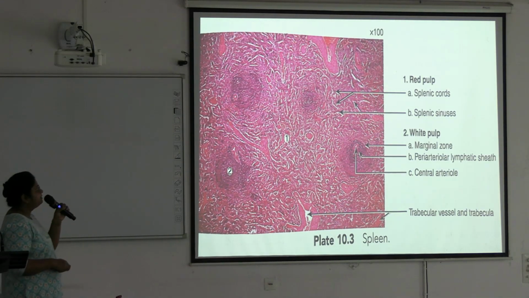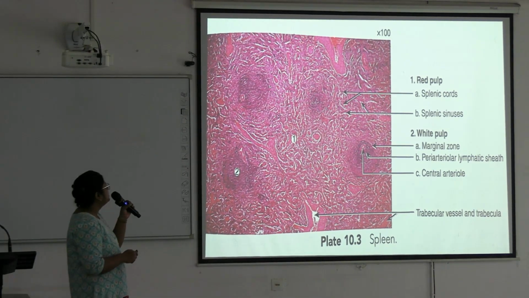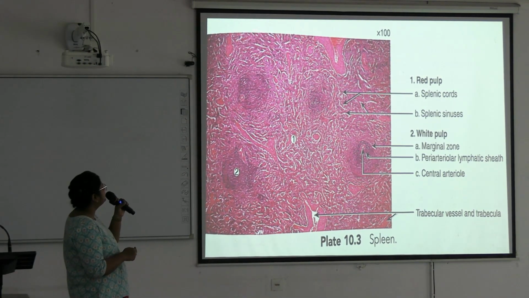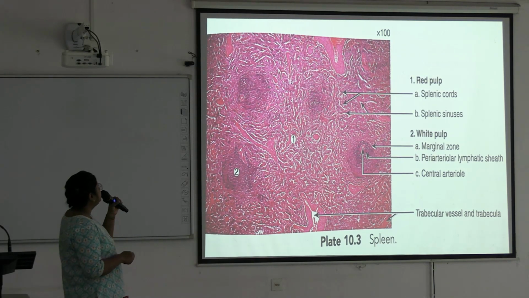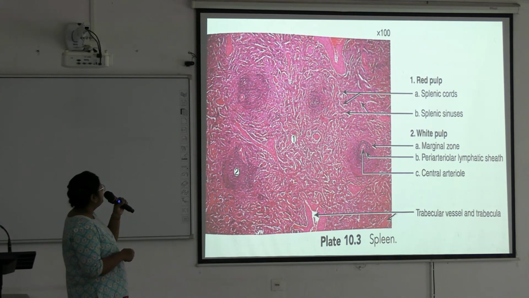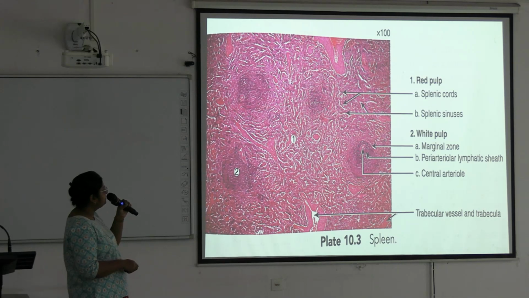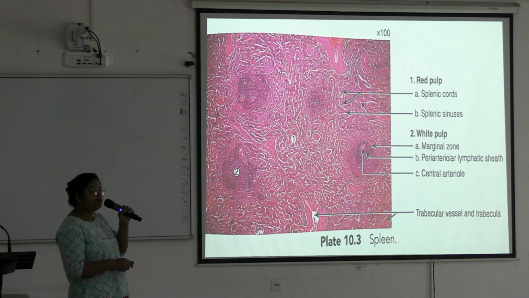Like this you will see under the microscope. These are the sections of trabeculae. Within the trabeculae you see sections of vessels, trabecular vessels, and this is white pulp. White pulp contains the central arteriole in eccentric position, and this is the periarteriolar lymphatic sheath forming the white pulp.